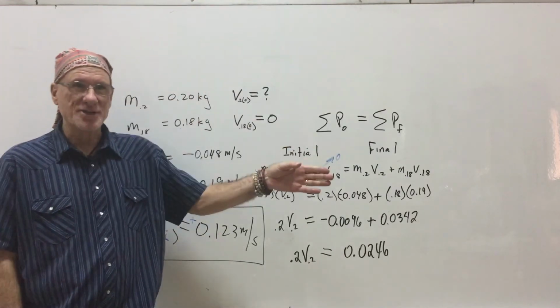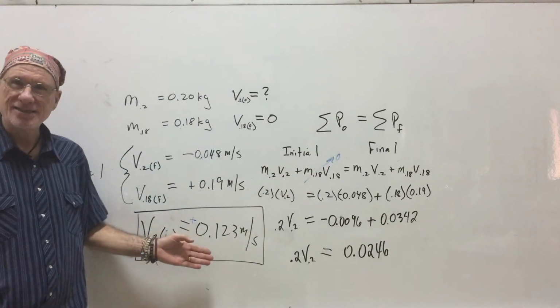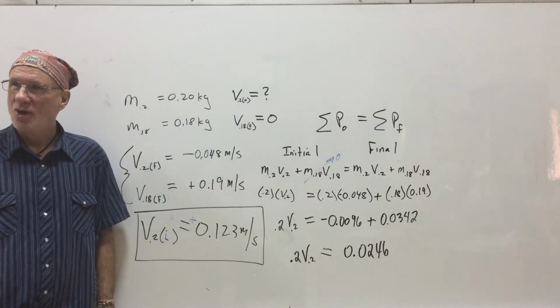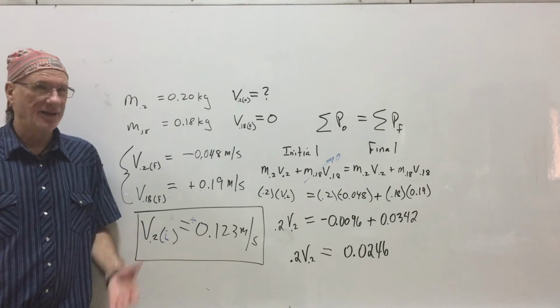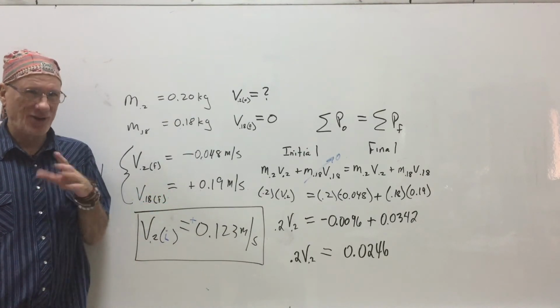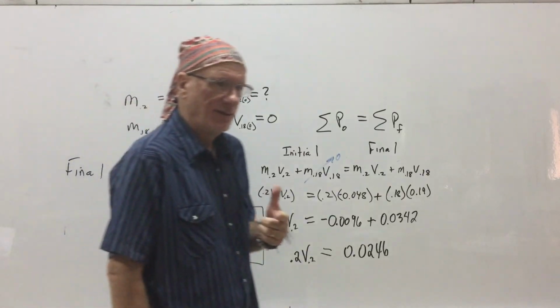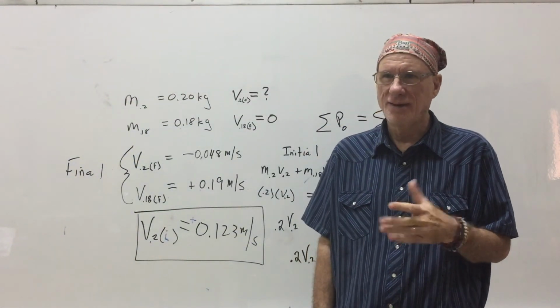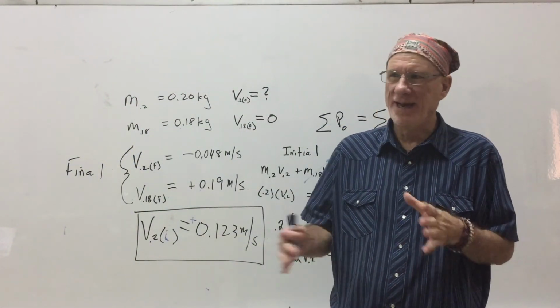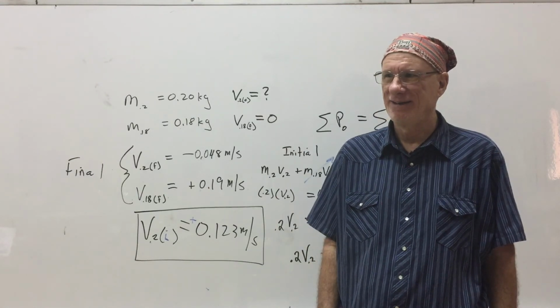Because it's going in the positive direction, it is 0.123, correct? Why are you laughing? Okay, so let me, are you okay with that? Yes. Okay. So I'll edit that in.